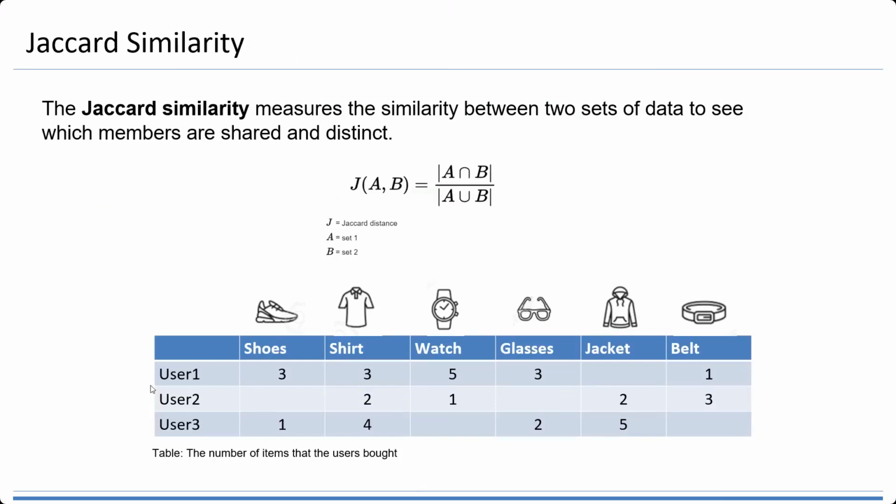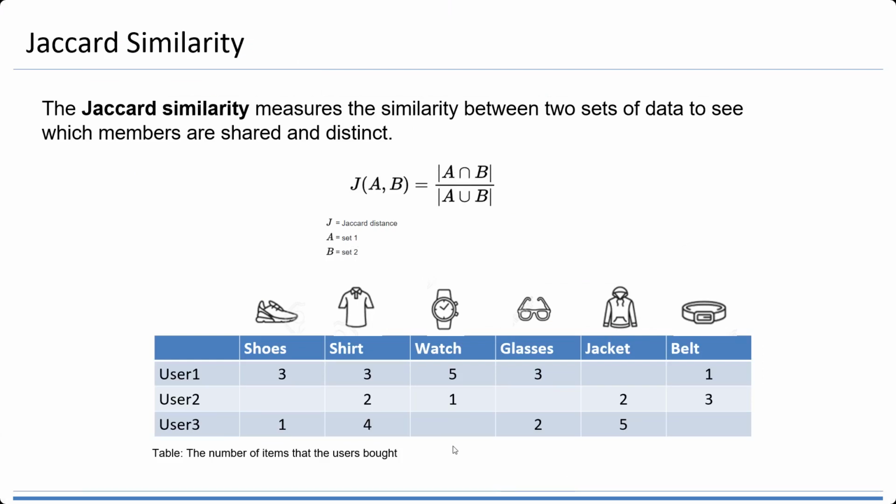So we have A is a set 1 and B is a set 2. So this is A intersection B divided by A union B. And this line means the length, or how many items.